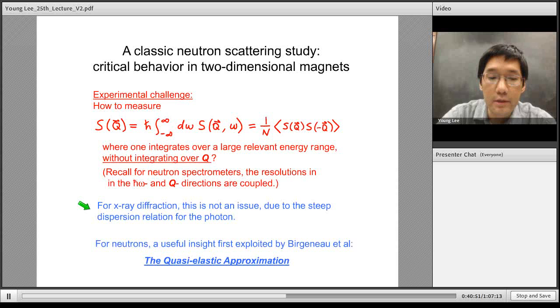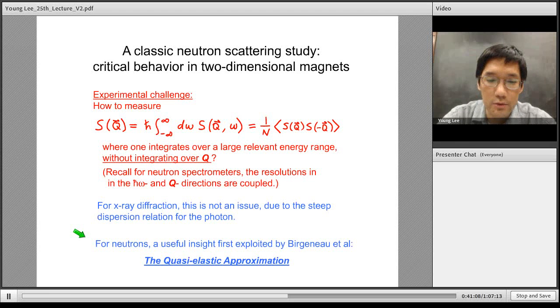But that's not going to be the case for neutrons, whose dispersions are much closer to those in solid-state systems.